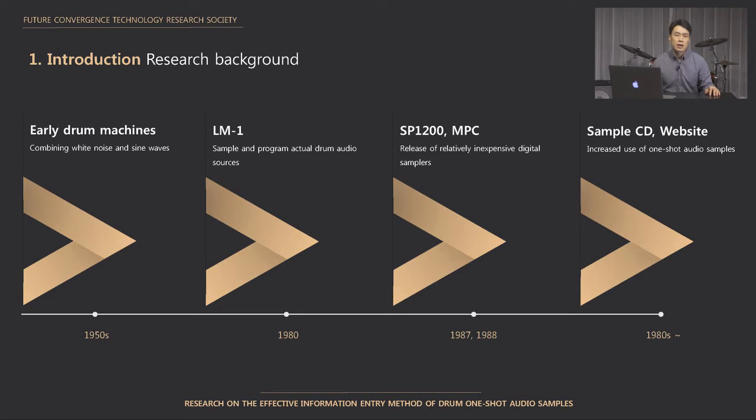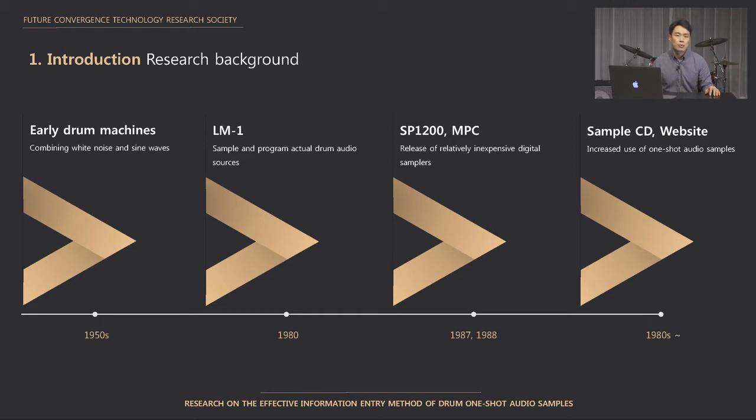As such, modern popular music producers frequently use audio samples when producing music. In particular, one-shot audio samples for individual instruments, such as bass drum, snare drum, and hi-hat cymbals, are very useful materials for music production.